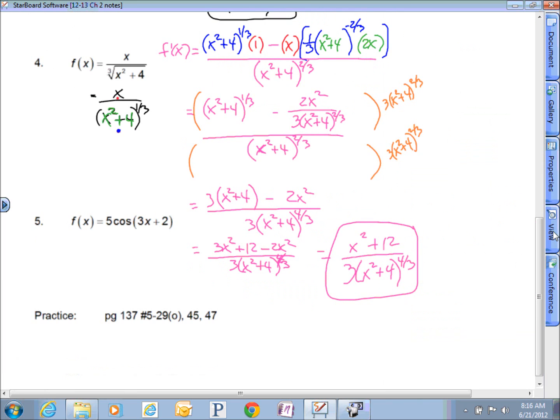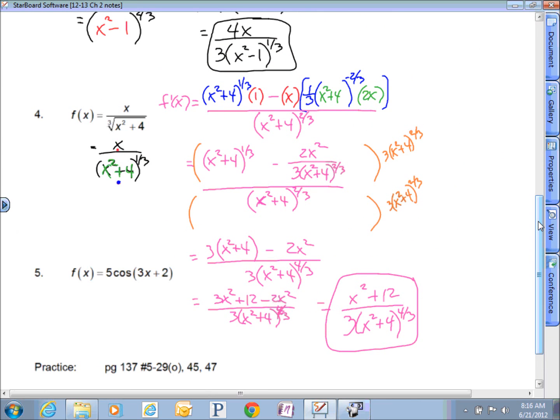Why is it so rough? Well, to be totally honest with you, on problem number 4 you've got one of the most complex setups you could possibly have, because in this original problem you have a black fraction with a red x on the top and a blue x squared plus 4 to the 1/3 on the bottom. Quotient rule is hard enough for us right now, but in this particular problem, nestled within that denominator is an x squared plus 4.